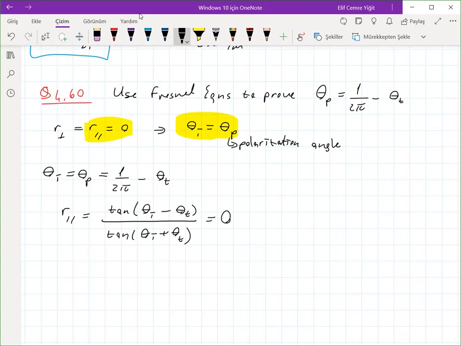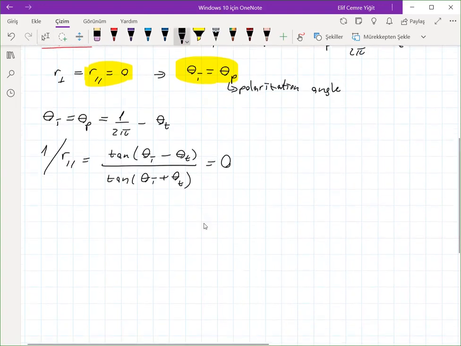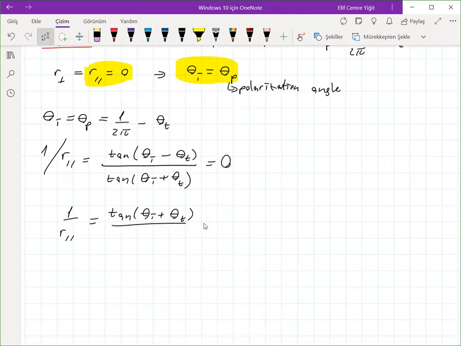From here we cannot find it in your book. The book takes 1 over all these quantities, so I will do the same to find 1 over r parallel, which will be equal to tangent of theta incidence plus theta t over the difference. I don't think the instructor will ask a proof question or a derivation question, but still I'm solving this problem. The denominator equals 0, because otherwise I would need to find something like 0 over 1, and from there I can't go anywhere.